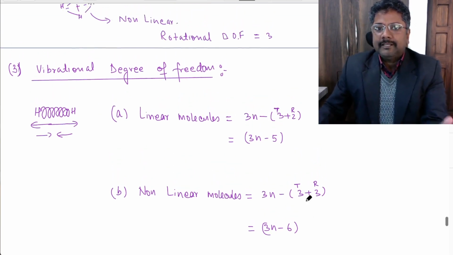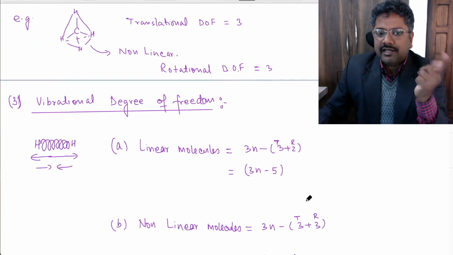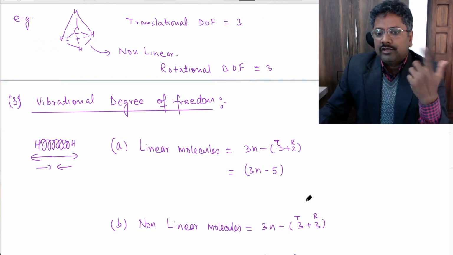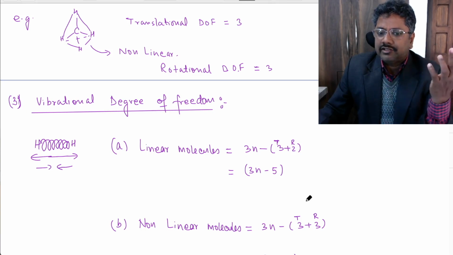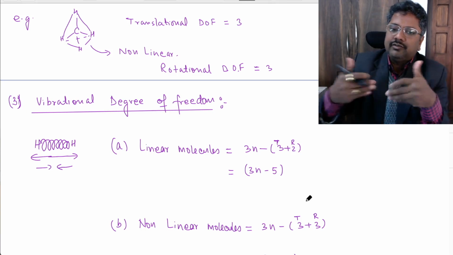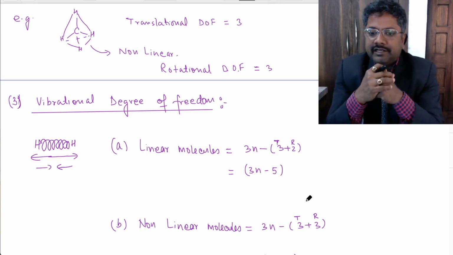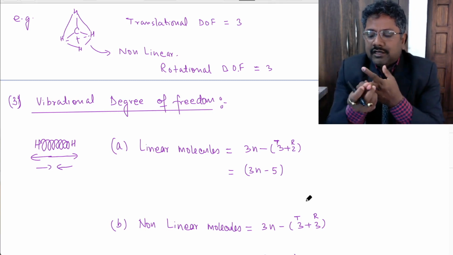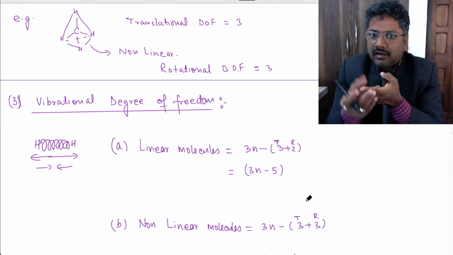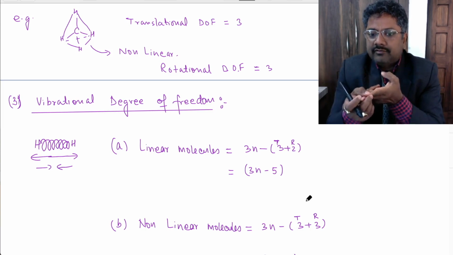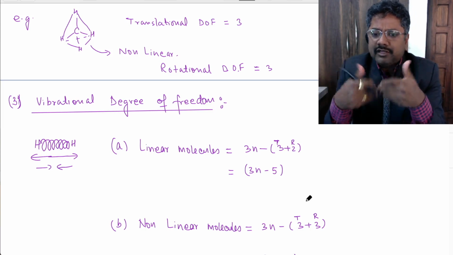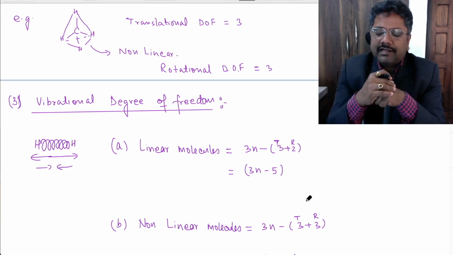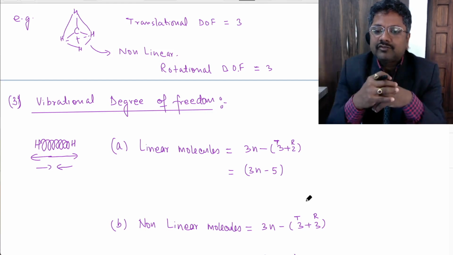If you see, rotational and translational are fixed, so only the vibrational degree of freedom has great scope. As you increase the number of atoms in any molecule, there is no increase in translational or rotational degree of freedom. Only the vibrational degree of freedom increases. If you keep on increasing the number of atoms, finally you get a giant molecule, and it becomes a solid.